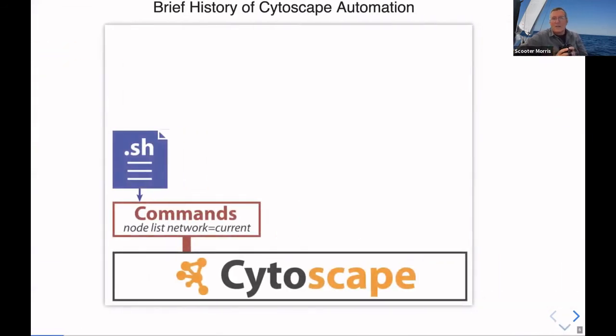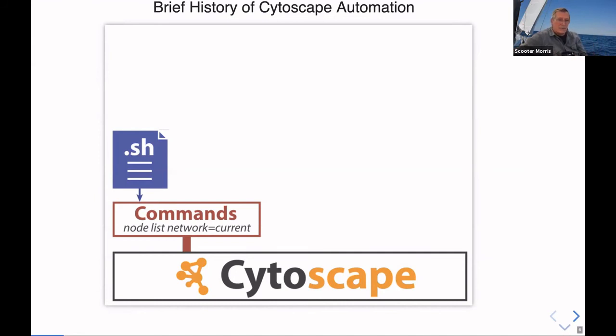Back in the Cytoscape 2 days, which was a complete old architecture, I found myself doing a lot of essentially repetitive tasks in Cytoscape. And so I implemented a real quick and dirty command line processor where you could have a bunch of commands in a file and it would go through and execute those commands.